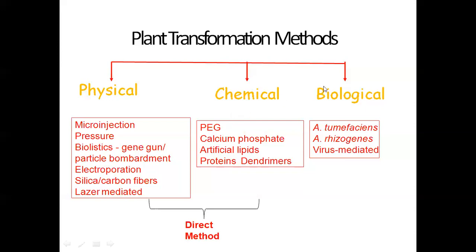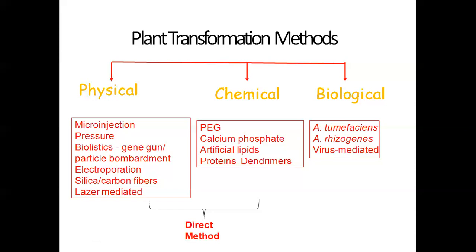Now, in the biological gene transfer method via Agrobacterium species, the gene has to be cloned in a vector. Already we have discussed this in recombinant DNA technology. Then the cloned vector, the recombinant plasmid, should be inserted into the Agrobacterium, and then it will be cultured in the media.